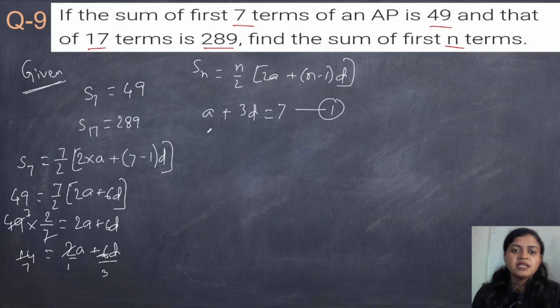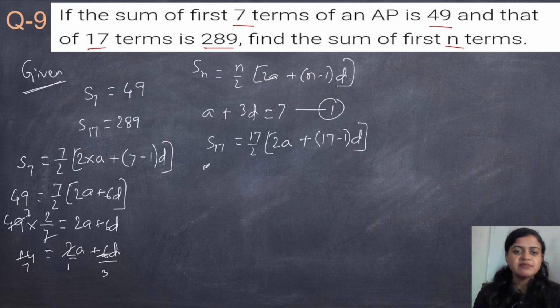Now from S17, we write n by 2, that is 17 by 2, into 2a plus 17 minus 1 into d.